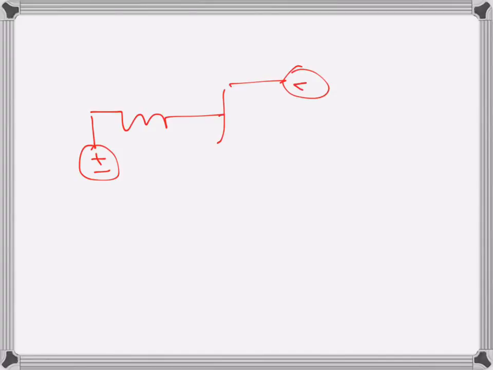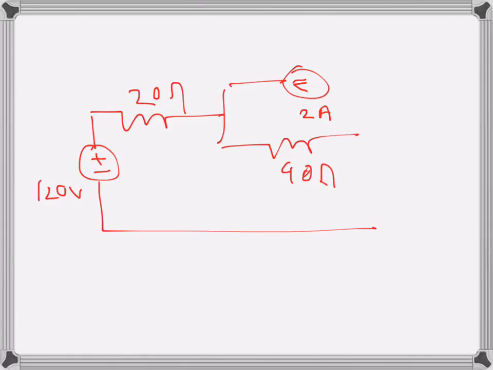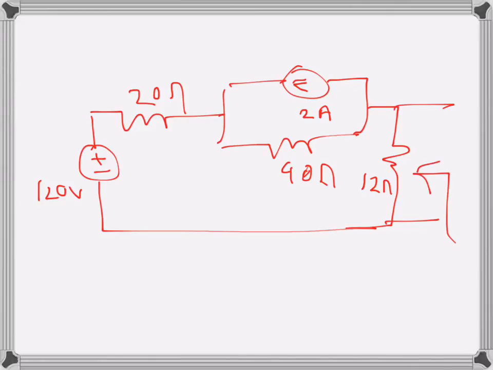This one is 40 ohms, 2 amps, 20 ohms here, and 120 volts there, and I have 12 ohms here. So I need to find the resistance seen from here.